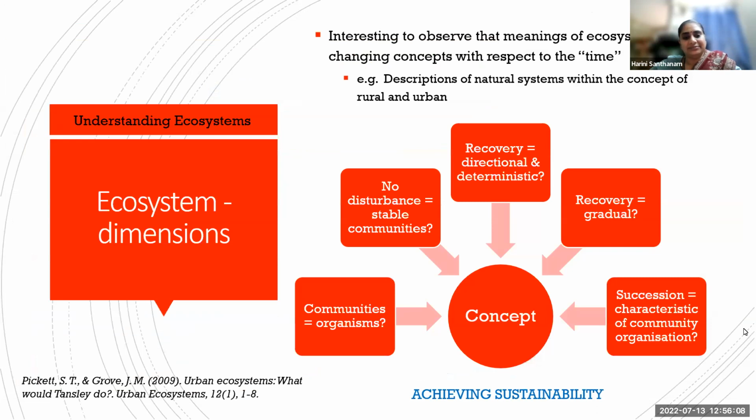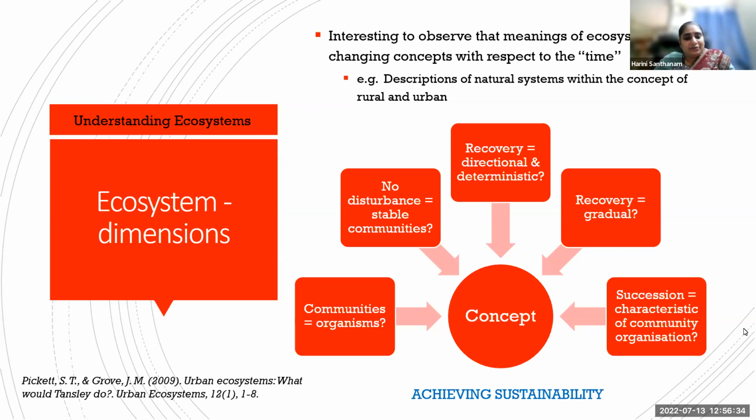Now the ecosystem dimensions, very interestingly, change over time as well. Why do they change? Because now in our parlance, we have been describing a natural ecosystem, but we have actually created other ecosystems of our own, which we cannot bring in with the concept or the initial understanding of an ecosystem concept.